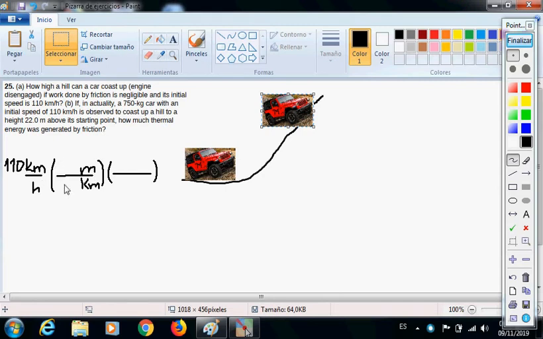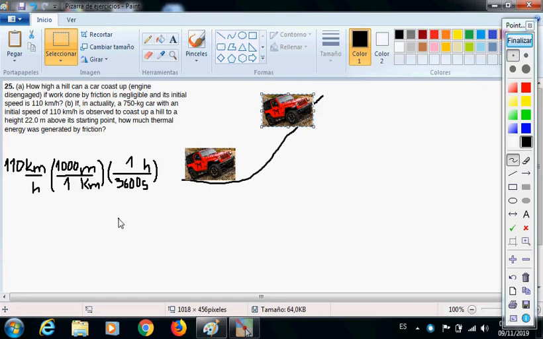And remember that 1 kilometer is made by 1000 meters. And we must place the hour in the numerator and the seconds in the denominator. And remember that 1 hour is made by 3600 seconds.